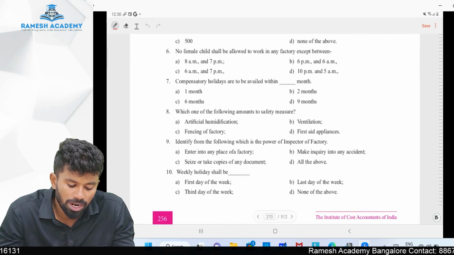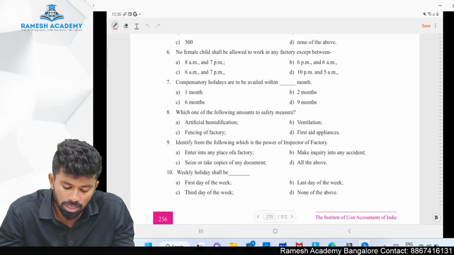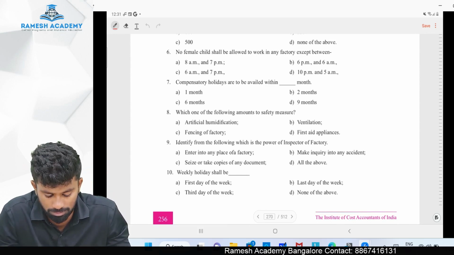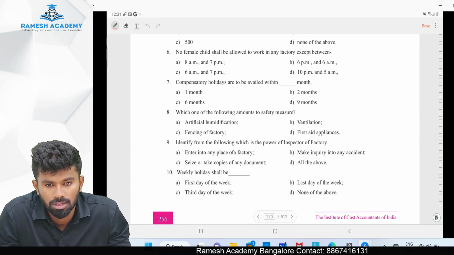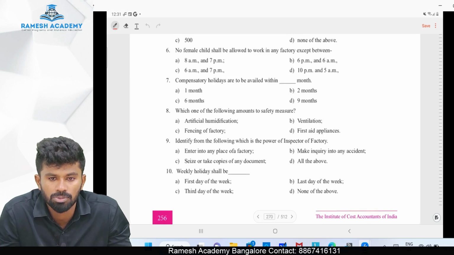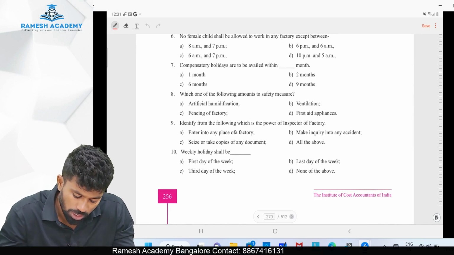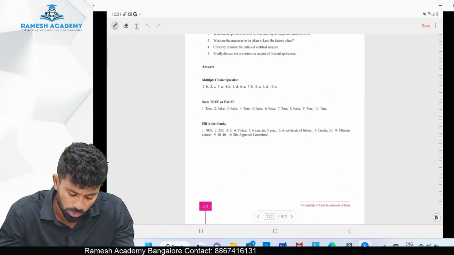No female child shall be allowed to work in factory except between 8 a.m. to 7 p.m. Correct. There are a few other questions, you can just go through them and solve them.